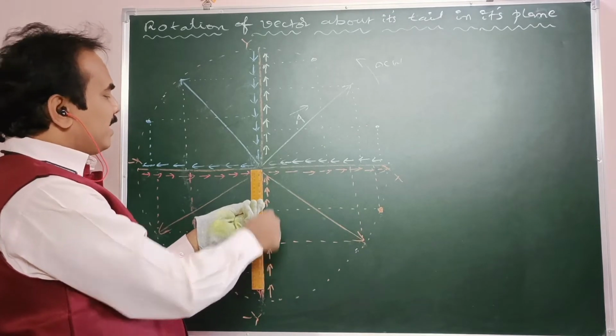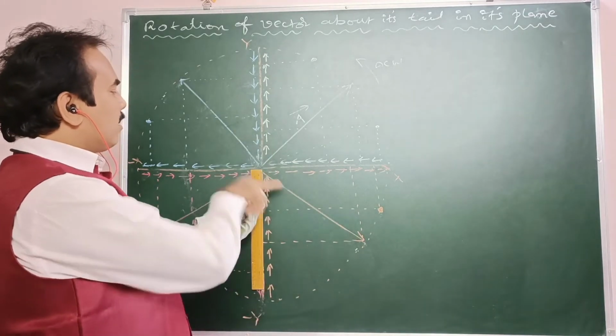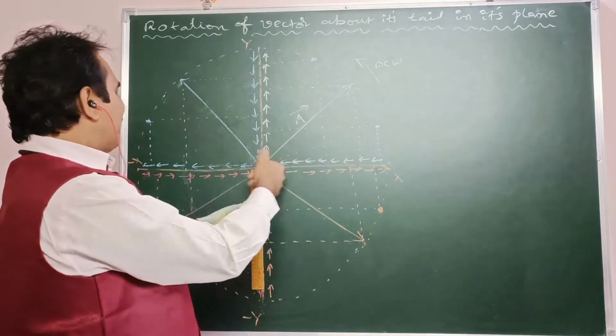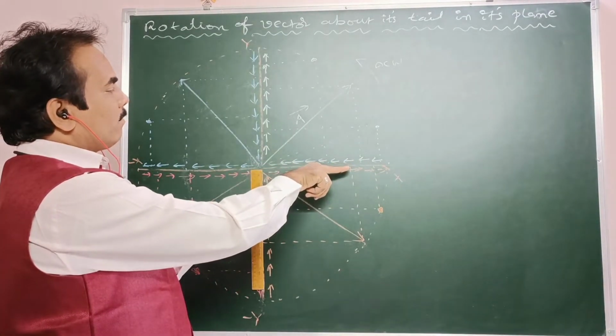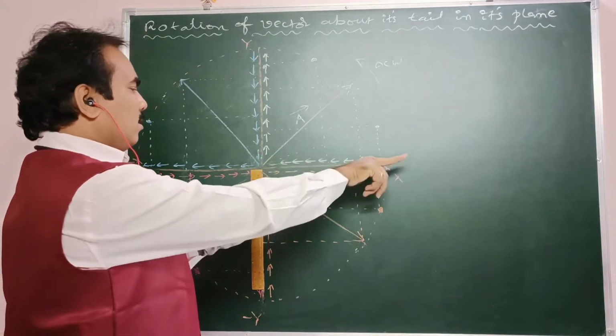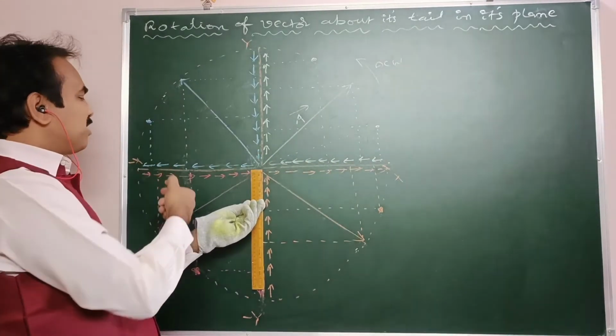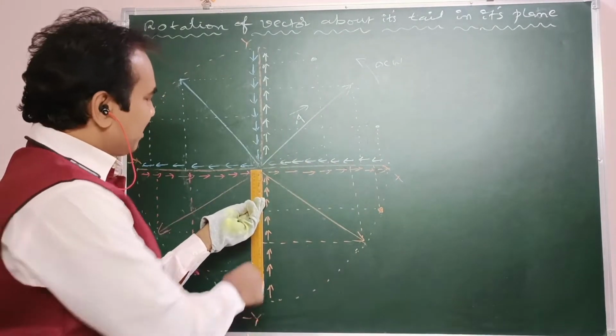When it is along the negative y direction, positive x coordinate 0, negative x coordinate 0. Positive x direction also it has no components. Along negative x direction also it has no components like that.